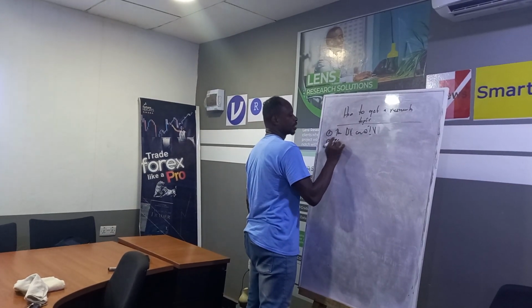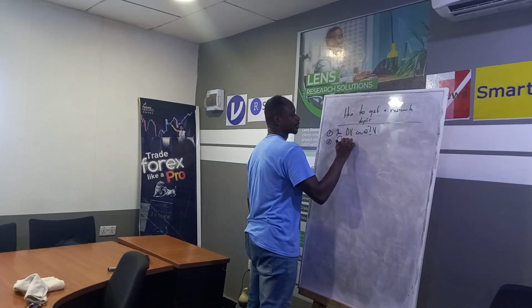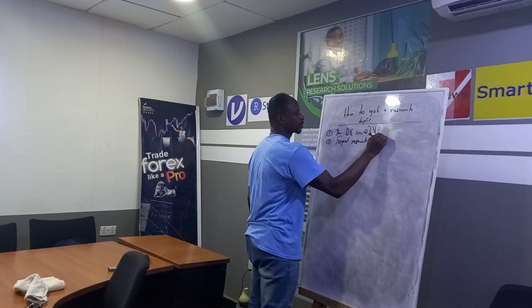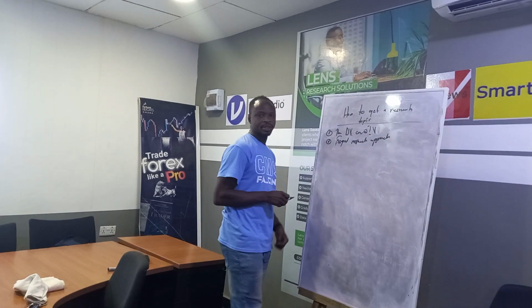Okay. Next is that your topic should signal the research approach. There are so many approaches that are there. At least as of now, we have three basic research approaches. We have the quantitative research approach, the qualitative research approach, and the mixed research approach.